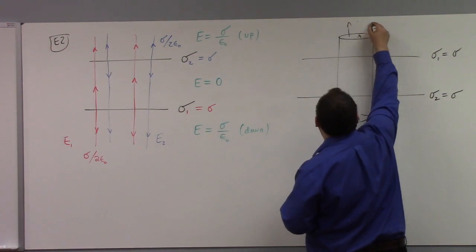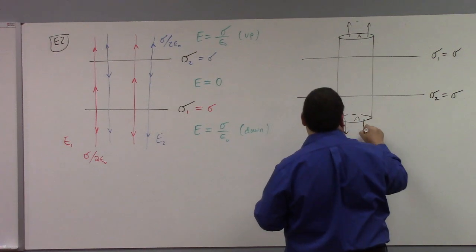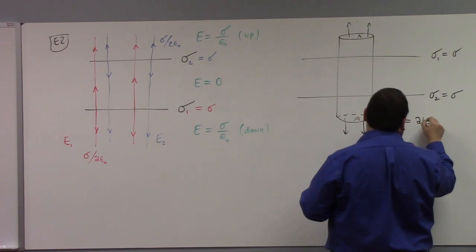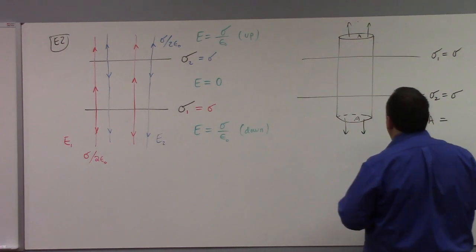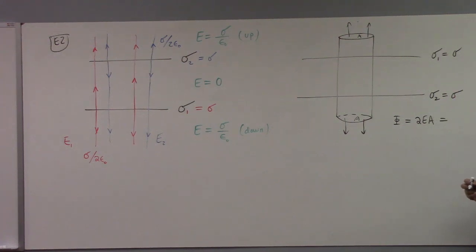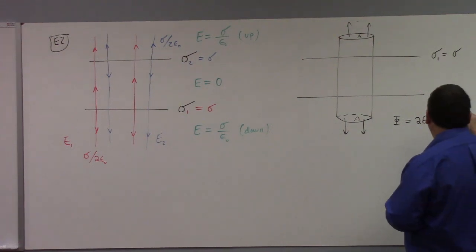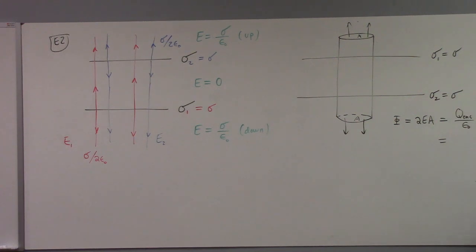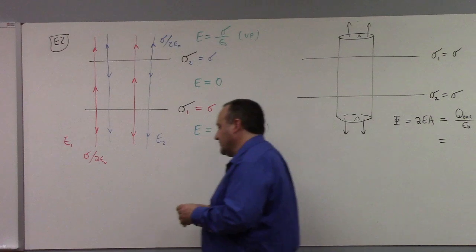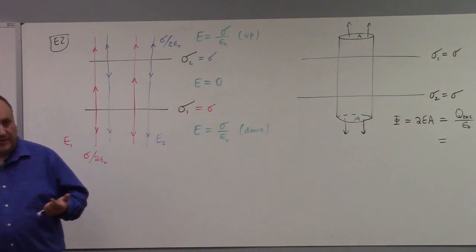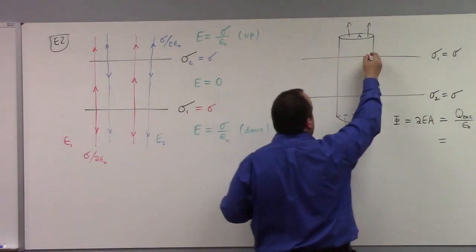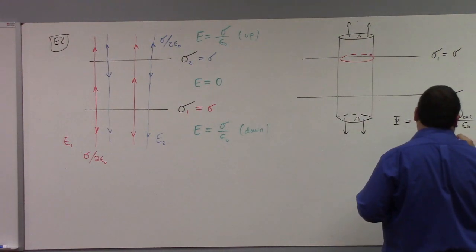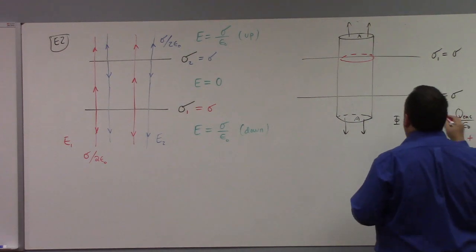I got my field lines by the symmetry of the problem. They've got to be pointing like this, right? So the net flux is equal to 2EA, and that's equal to Q enclosed over epsilon naught. Well, look at it. There are two charges enclosed in this problem: the charge of the upper plane and the charge of the lower plane. Up here, you've got sigma times A, and then down here too.